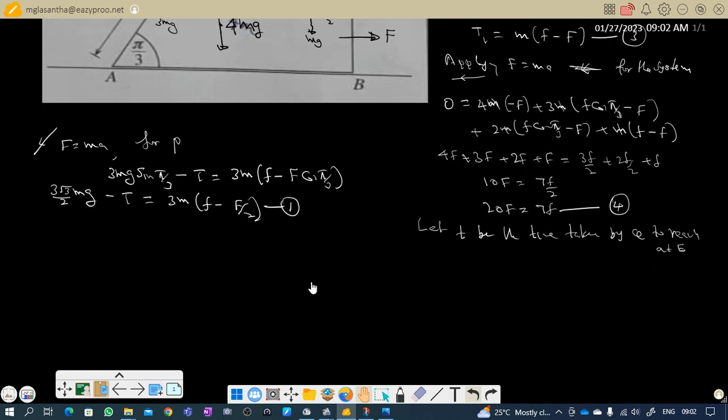Then you can apply s equals ut plus half at square in this direction.